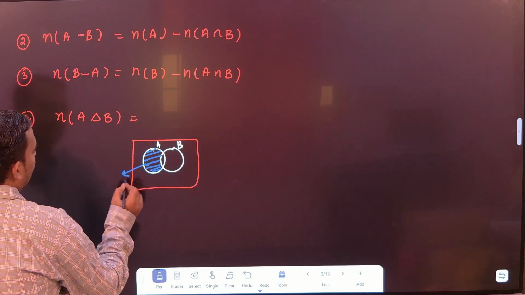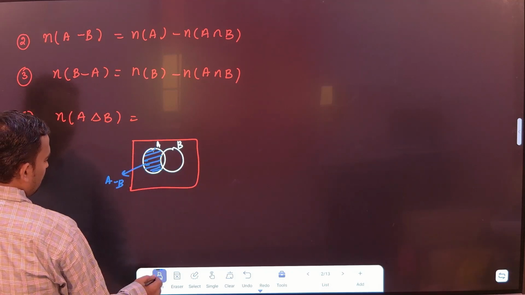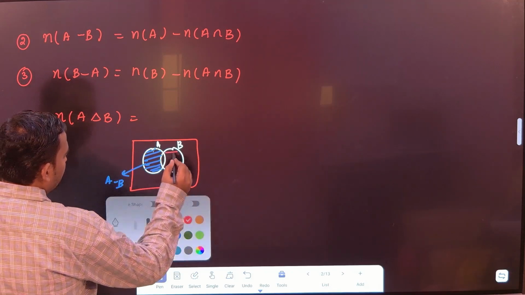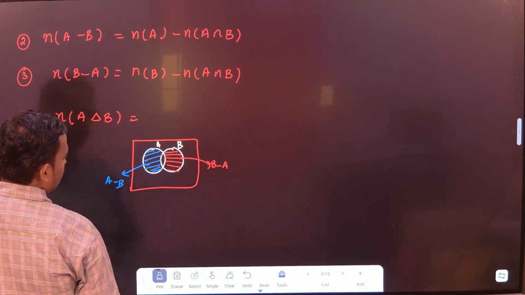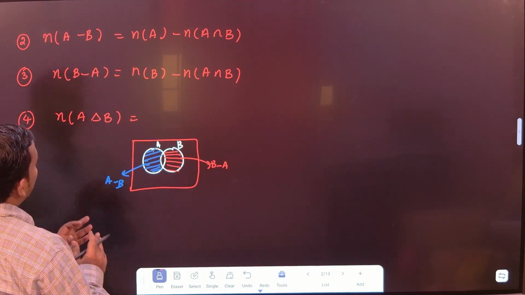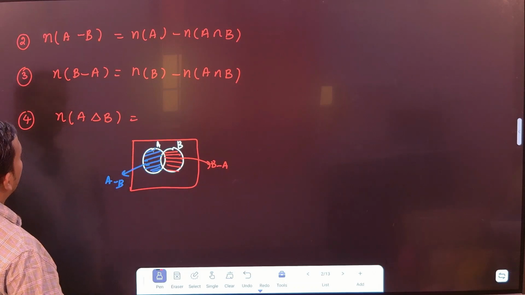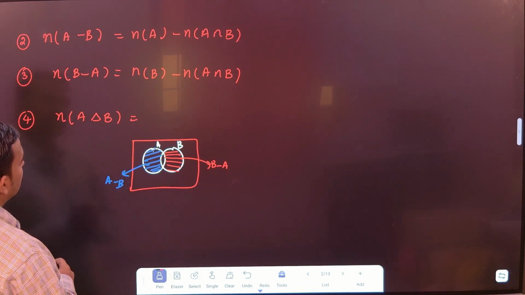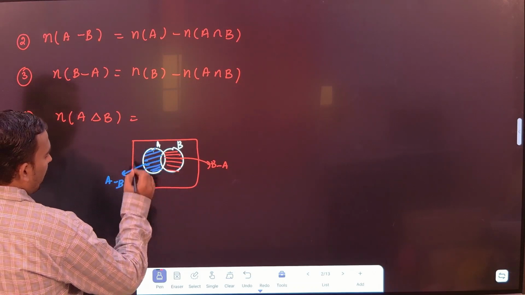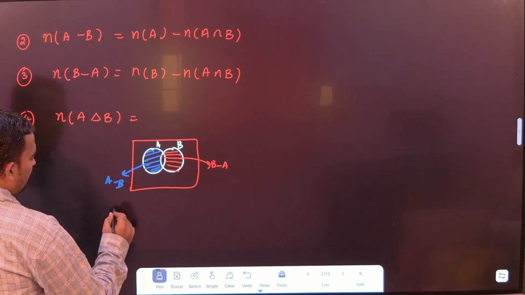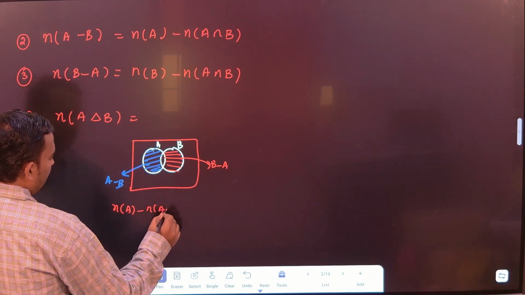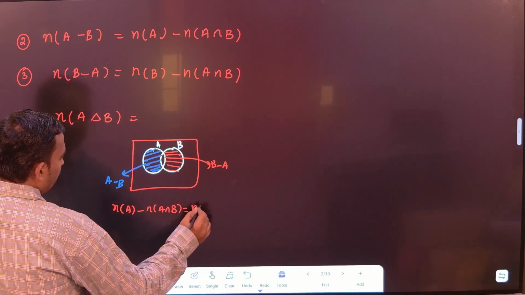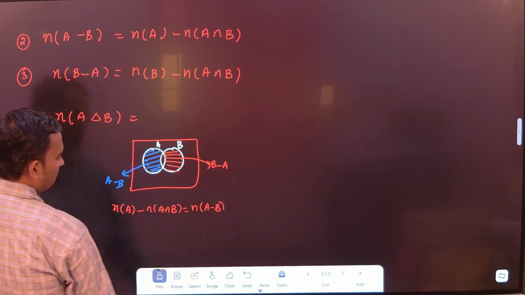This is your A minus B, right? B minus A is what? This portion. So this is your B minus A. Clear? So n of A minus B, equivalently how to write? The whole white region is n of A, you remove n of A intersection B, and this is equal to n of A minus B. Understood?